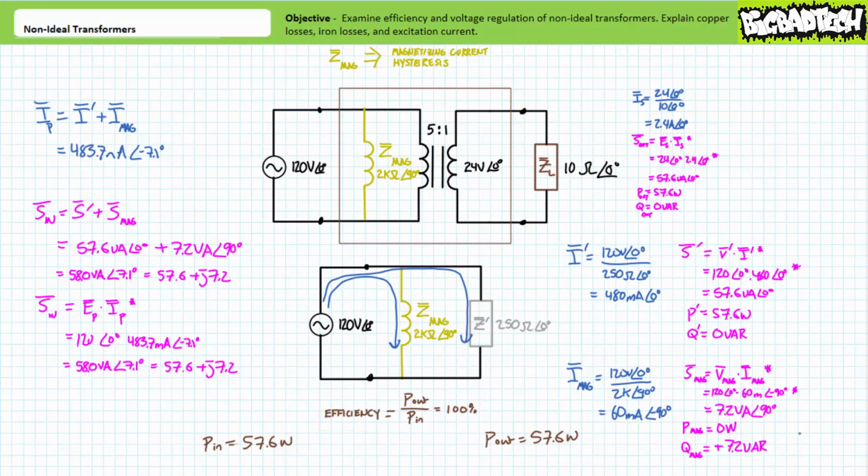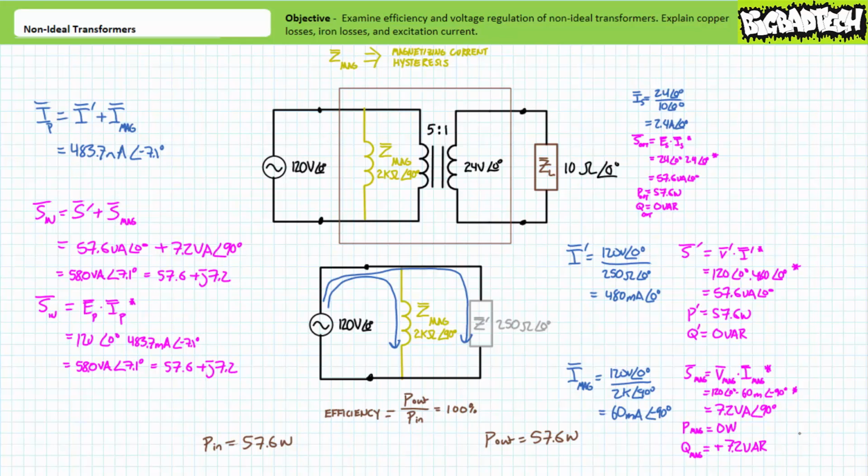In summary, this slightly more sophisticated transformer model accounted for a slight increase and a slight lag in source current one might observe for a non-ideal transformer when magnetizing current and hysteresis are taken into consideration. Additionally, we observed the transformer necessitated the consumption of a small amount of reactive power.